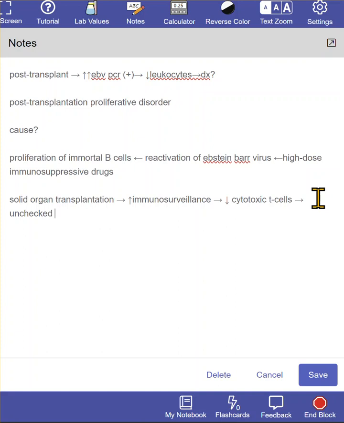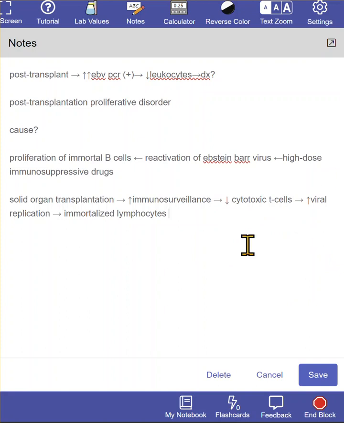So you get what is called unchecked, or increased viral replication, which is really not replication that's happening. Although viral replication is going up, what's really happening is you have decreased killing of these cells that are infected with viruses, destruction of viral replicatory machinery as a consequence, and so you get immortalized lymphocytes, both B cells and T cells, but mostly plasma cells.